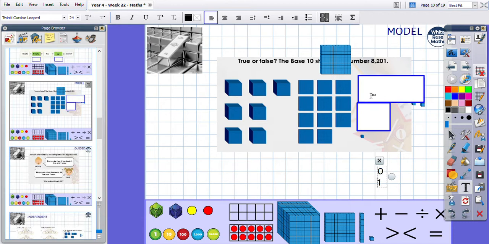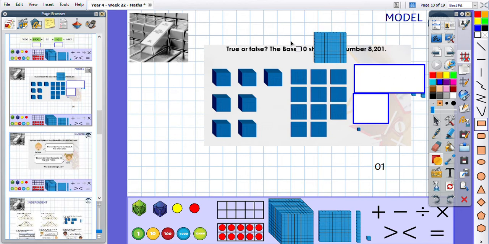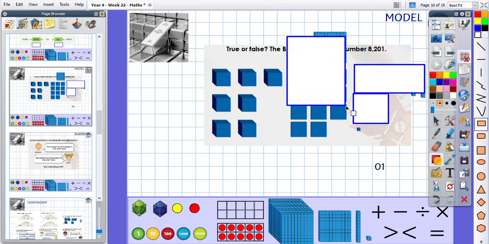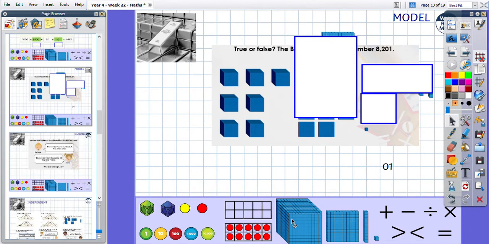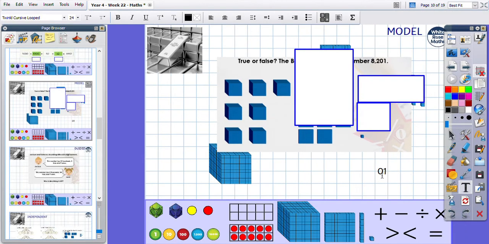I've got no tens because I've exchanged them all. So now how many hundreds? 1, 2, 3, 4, 5, 6, 7, 8, 9, 10, 11, 12. Can't have 12. So I need to exchange 10 of them. 3, 6, 9, 10. So I'll have another 1,000 and I have got 2 hundreds left.